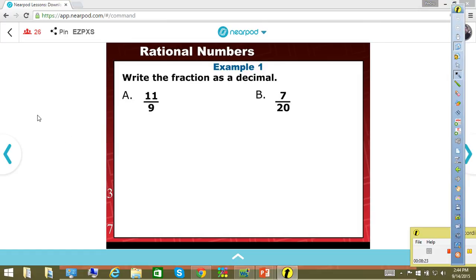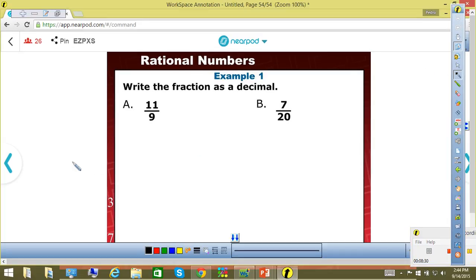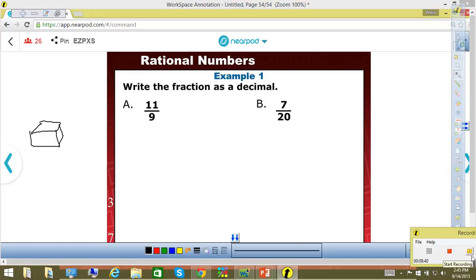Let's see. Who's played with this before? Let me show you really quick. Look up. Who's played with wood blocks before? The blocks made out of wood?